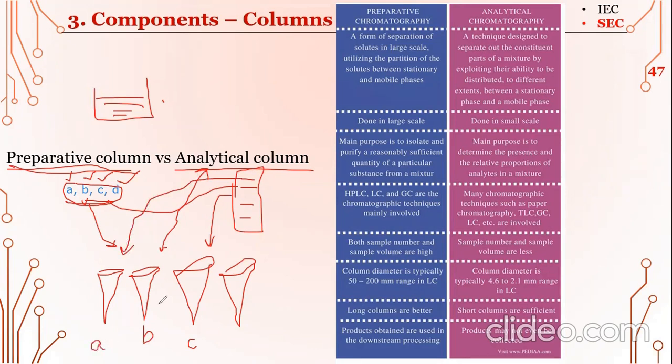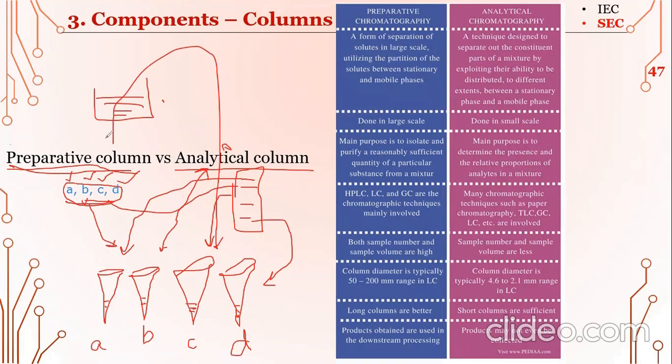This is A, and this will be the first to elute. These are the larger molecules, the larger protein, and this is the D. So now I collect them separately. So if the purpose is to isolate or purify different components from a sample, so I will go for preparative.